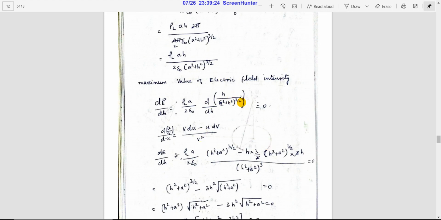In order to find this differentiation, we need the formula d by dx of u by v, which is v into du minus u into dv divided by v square.